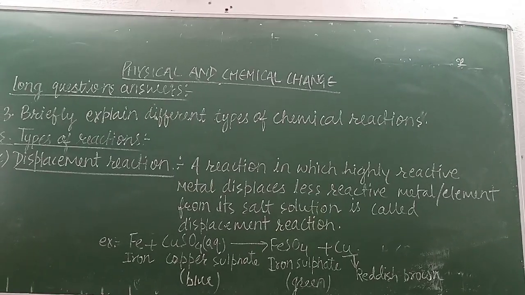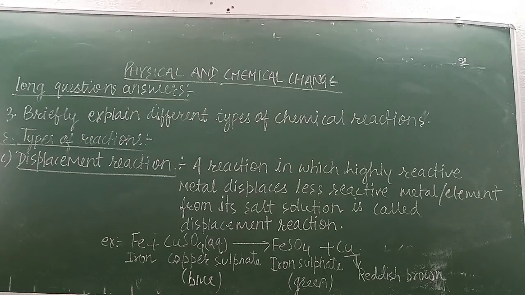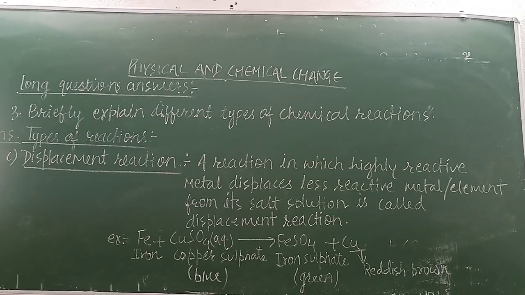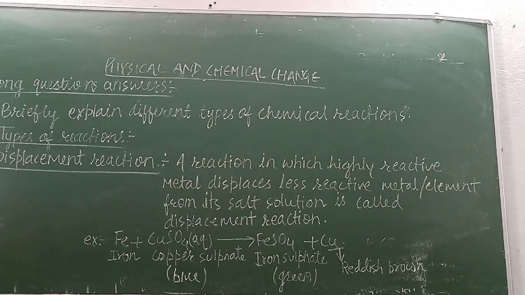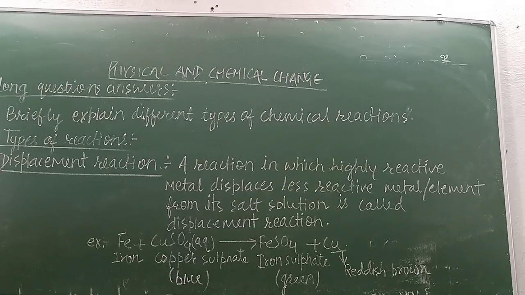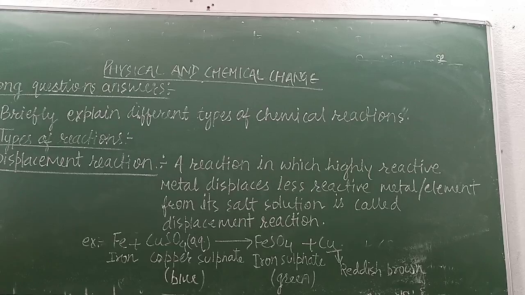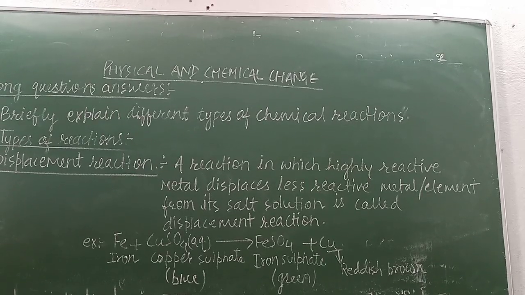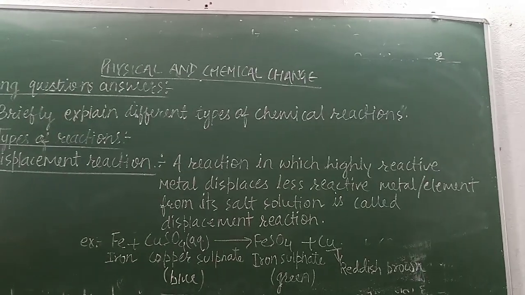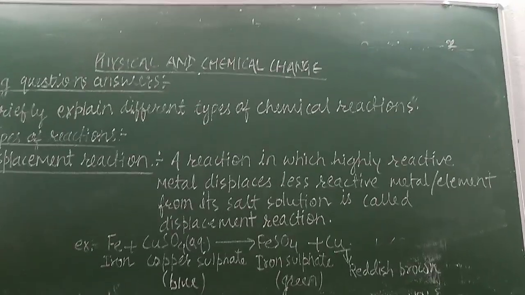Now next reaction is displacement reaction. So what is displacement reaction? A reaction in which a highly reactive metal or element displaces a less reactive metal or element from its salt solution is called displacement reaction.